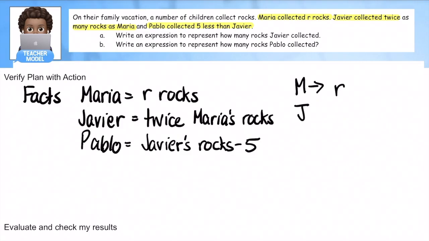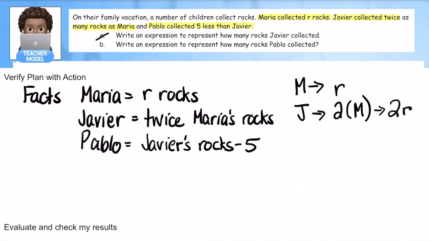Javier has twice whatever Maria has. So he has 2 times what, I'm going to just put M, what M has. But we know, Math Marbles, that M has R rocks. That's the term for M. So we're going to rewrite this as 2 times R. So that's the expression for Javier, and we're going to put that down.